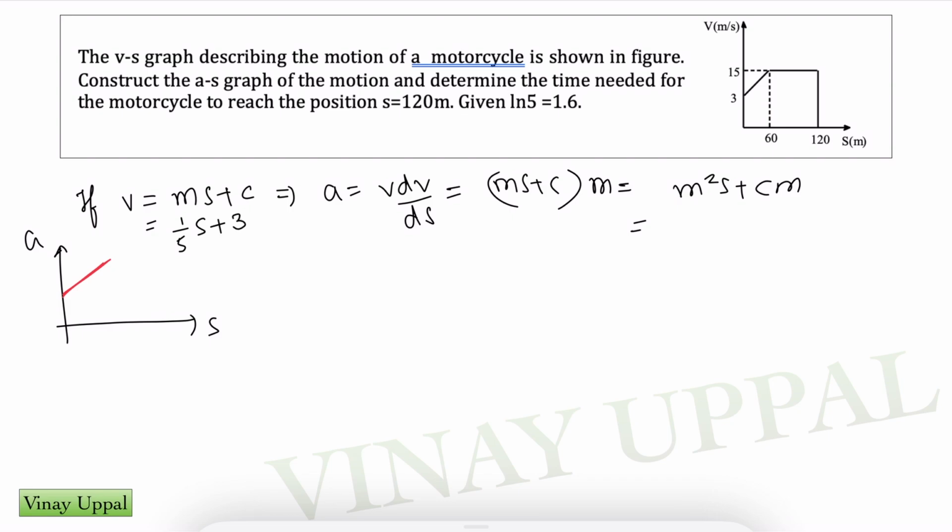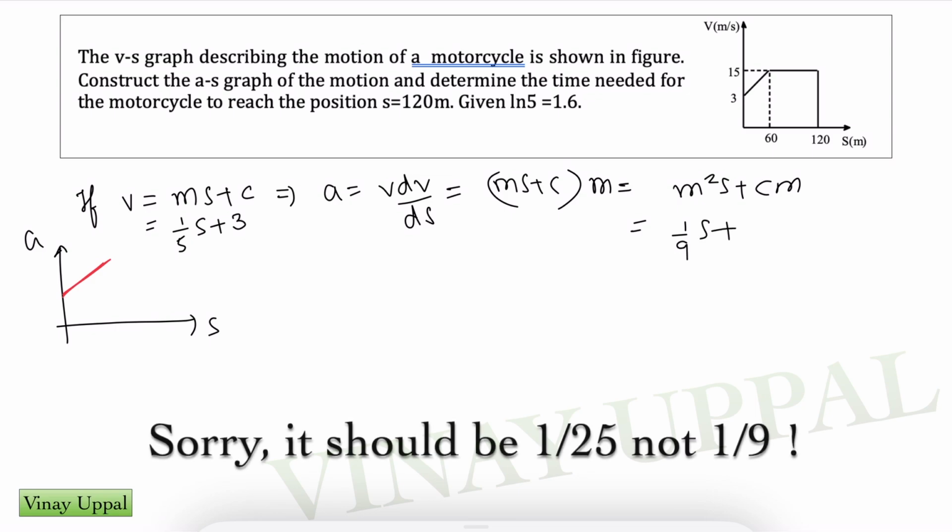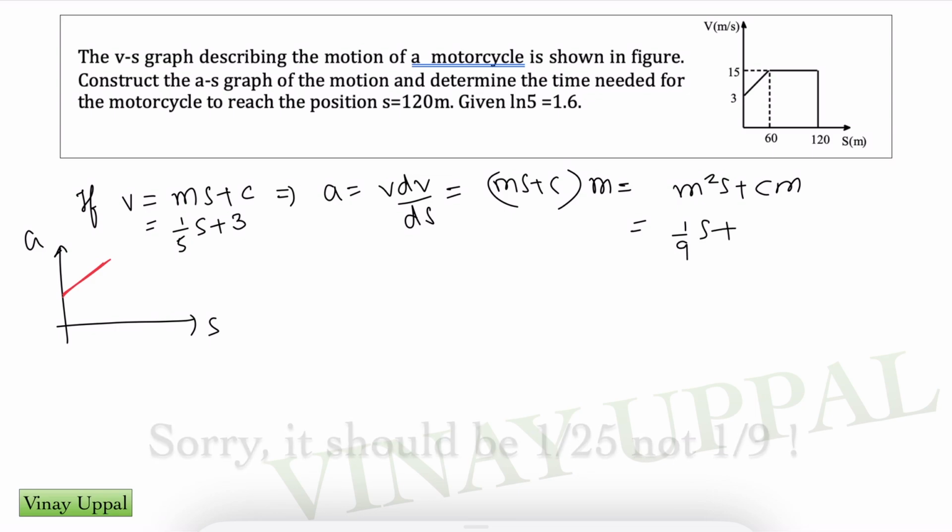So acceleration versus displacement would be 1 by 5 s plus 3 times the slope 1 by 5, so the initial acceleration would be 3 by 5. This goes on till 60 meters, after which the velocity becomes constant, and therefore the acceleration will then be 0. So this will be my acceleration versus displacement graph.